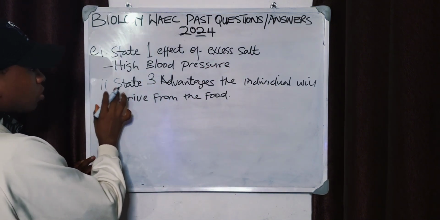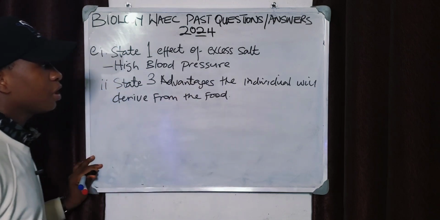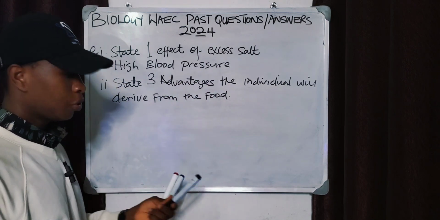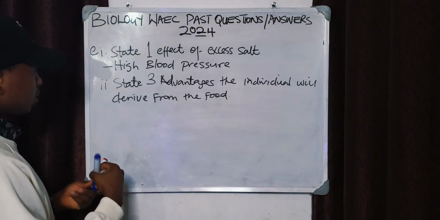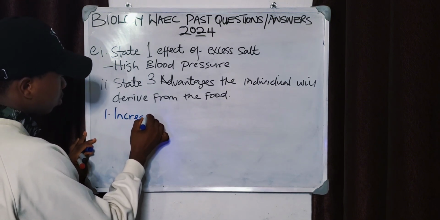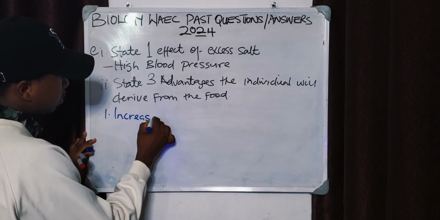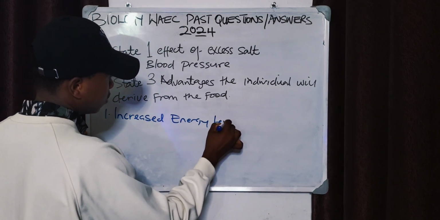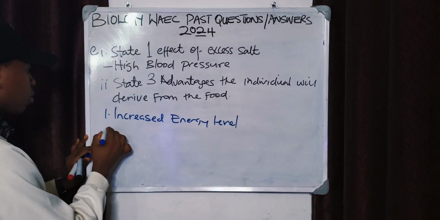Now, the second one says state three advantages the individual will derive from the food. Number one, increased energy level, because of the carbs.